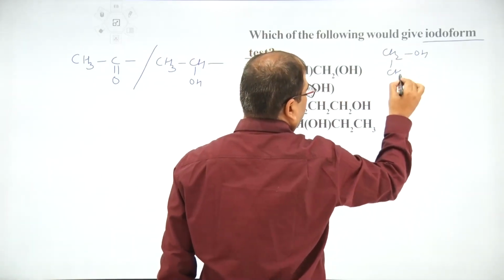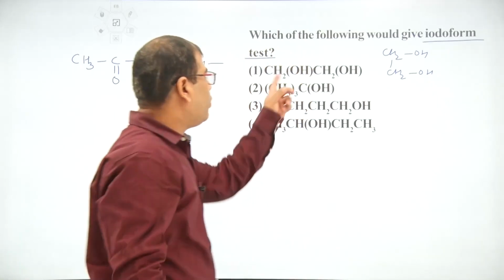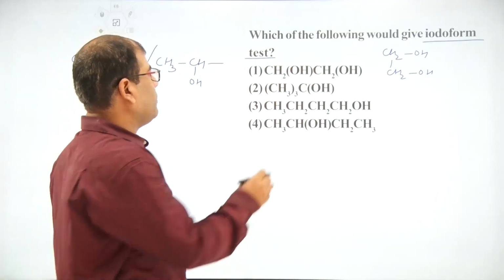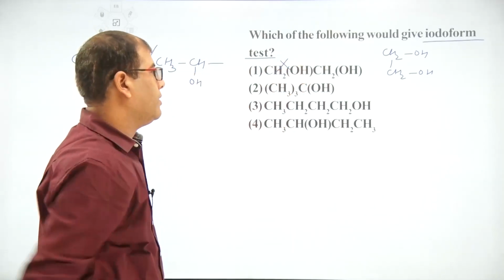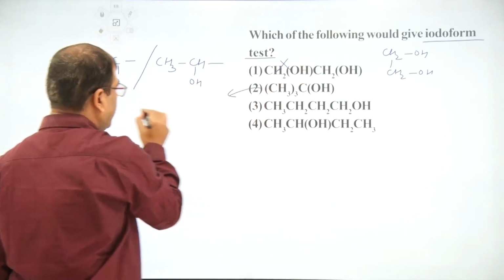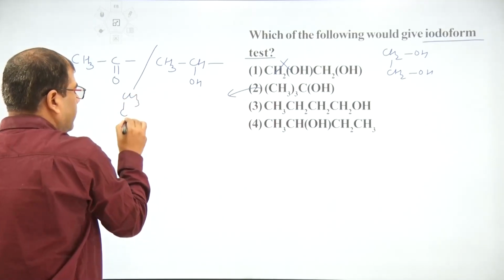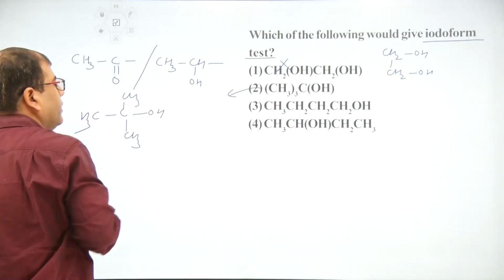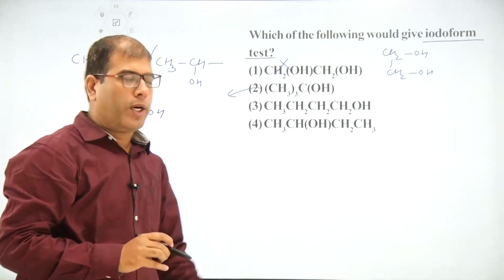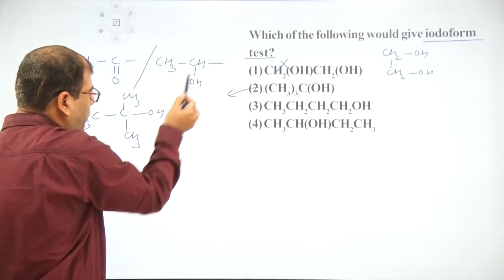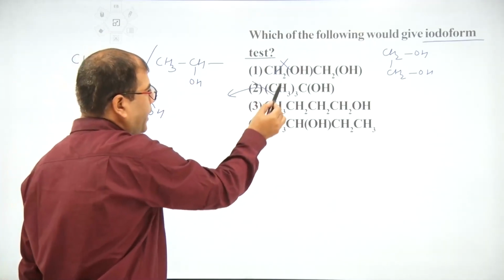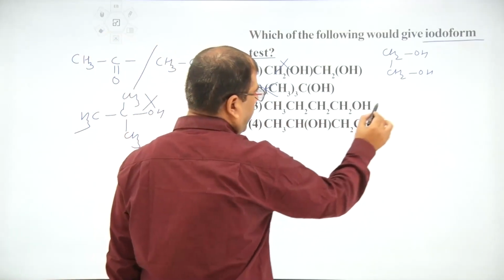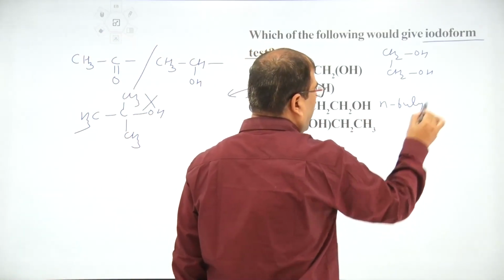first compound is glycol, CH2OH and CH2OH. Glycol does not have CH3CHOH moiety, so it cannot be our answer. If we take second, this is tertiary butyl alcohol. CH3CHOH moiety is not present, so it cannot be our answer. If we take third, this is n-butyl alcohol.